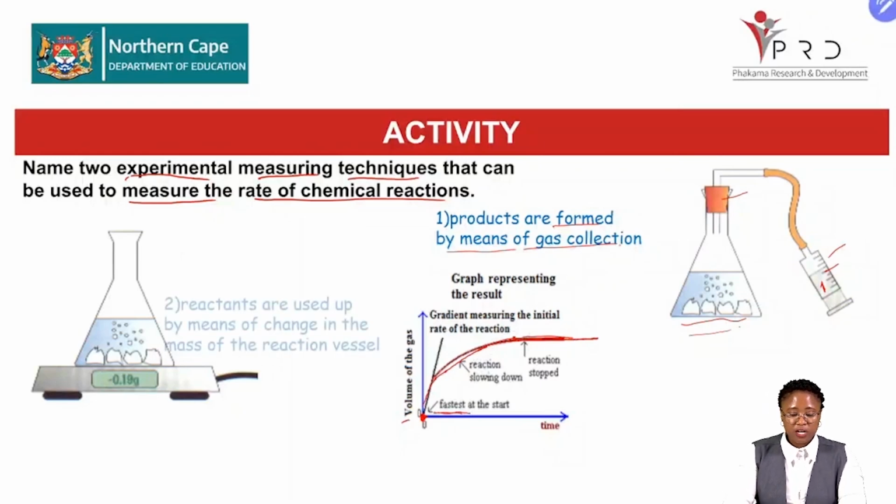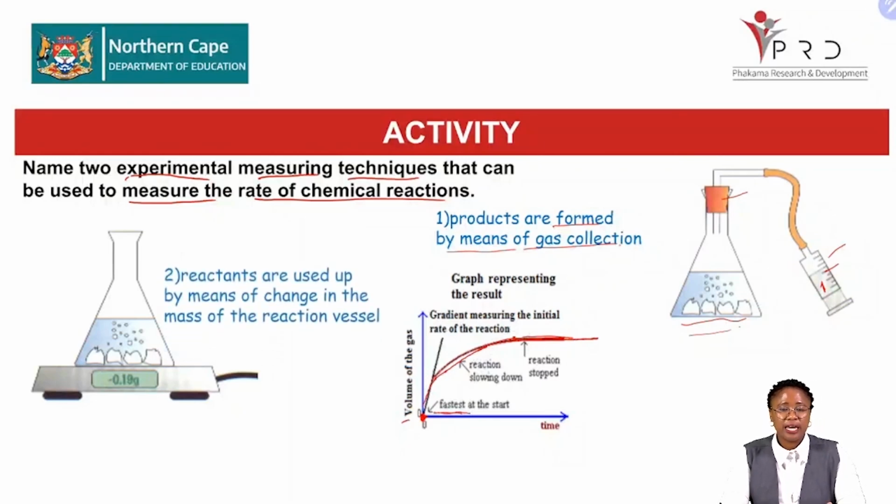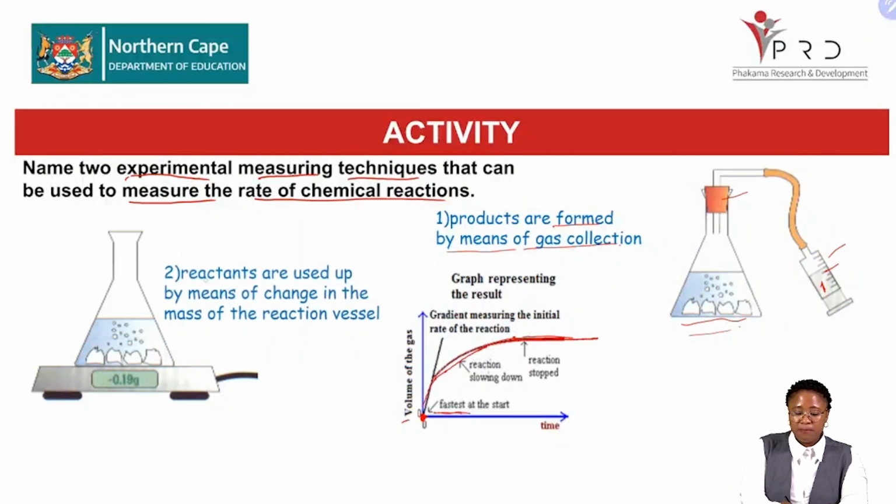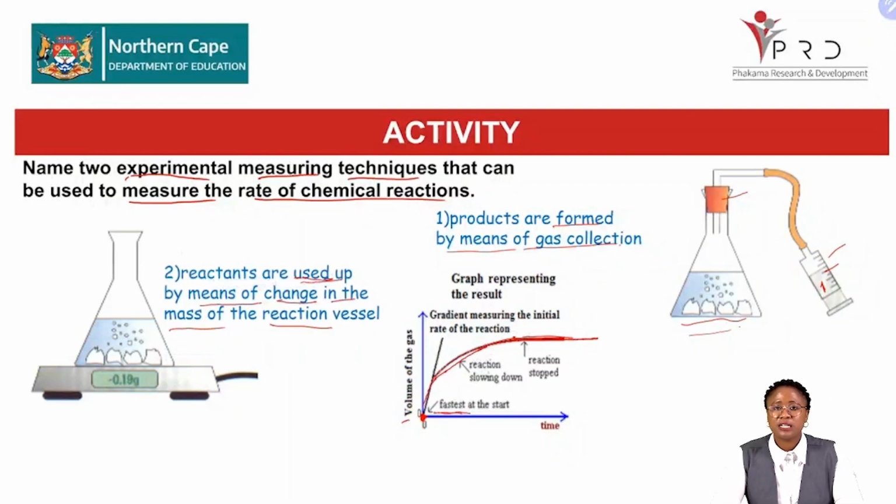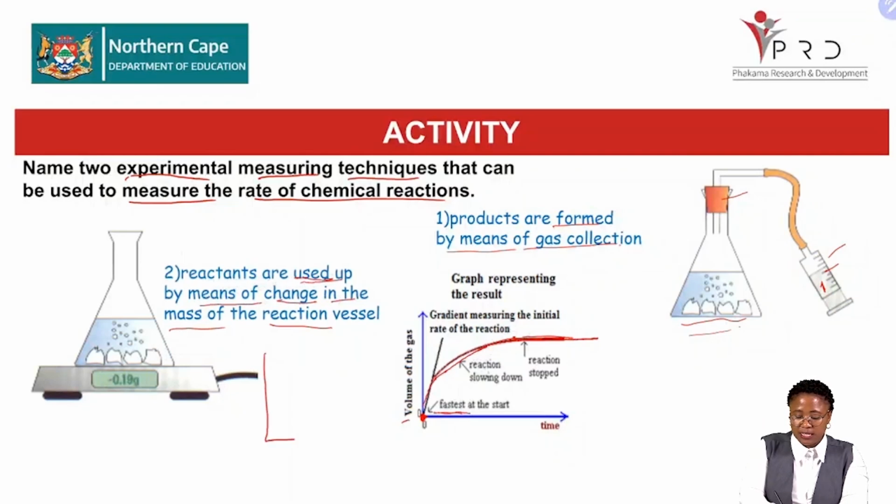Then the other way in which the examiner might ask this experimental question is measuring the reactants being used up, by means of the change in the mass of the reaction vessel. So sometimes the experiment could be based on measuring the mass at different time intervals. As the mass decreases, what are we expecting the graph to look like?